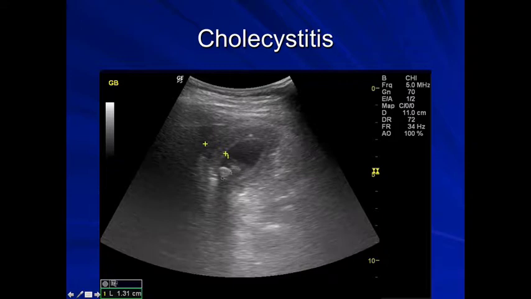This stone that we're focusing on is demonstrating some shadowing here. And in this patient, when we put the probe on the gallbladder and pressed, it elicited pain, and that was the most painful point to press on for the patient, and that's what's referred to as a sonographic Murphy sign.